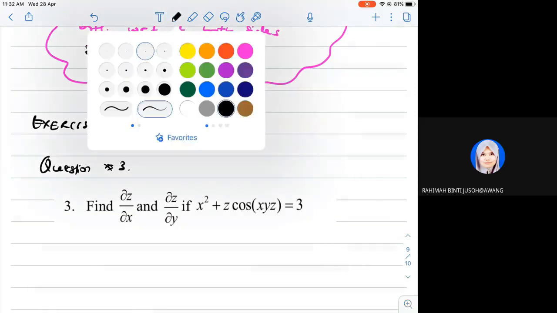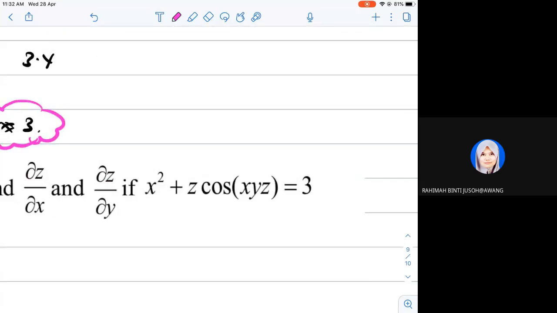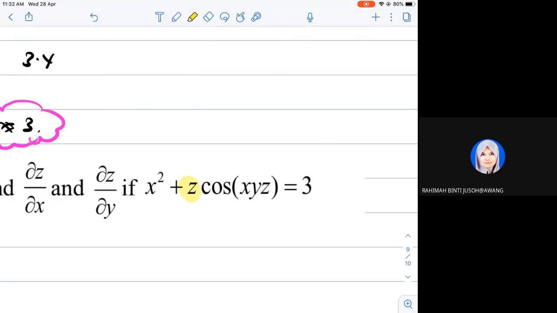Okay guys. You bayangkan, let's say you nak guna first method. Del Z over del X for example. Ini first method tau saya cakap ni. First method, maksudnya Z dengan X dua-dua variable. So you bayangkan ini Z. Okay, ini pun ada X. You dah pakai product rule dah.